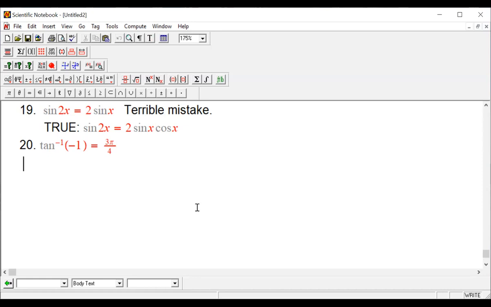Well, this is wrong. Why is it wrong? Because arctan of anything, the range is between negative pi over 2 to pi over 2.